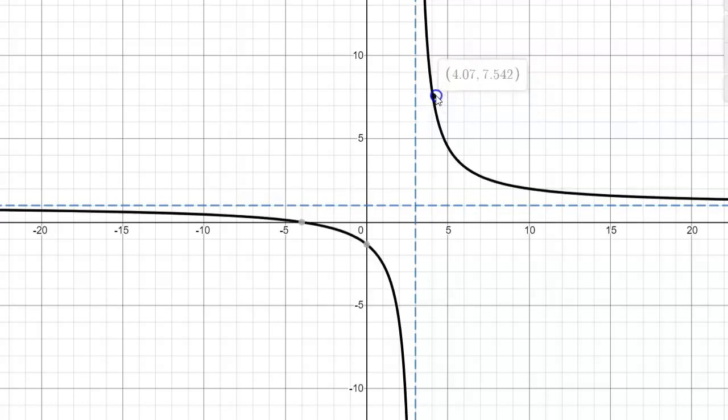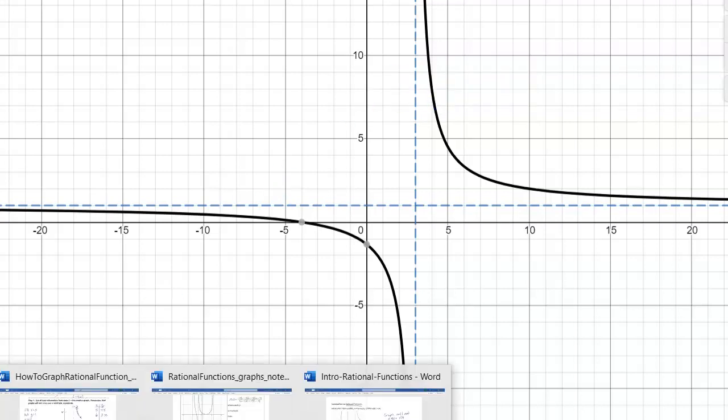But if I click on this curve and try to find that hole, you can see it says 4, then undefined. So it knows something weird is happening there, but it does not always give you that full coordinate point. You're going to have to do some calculating on your own, and then you can use Desmos to check your work.